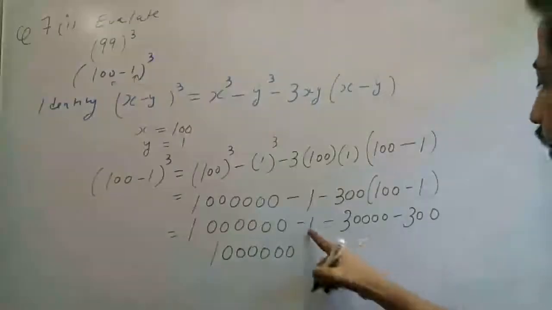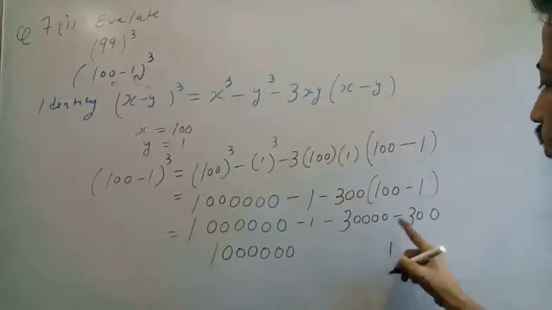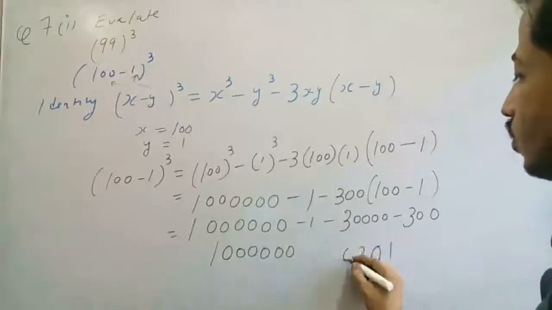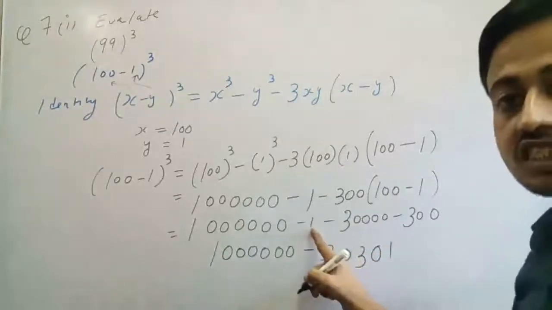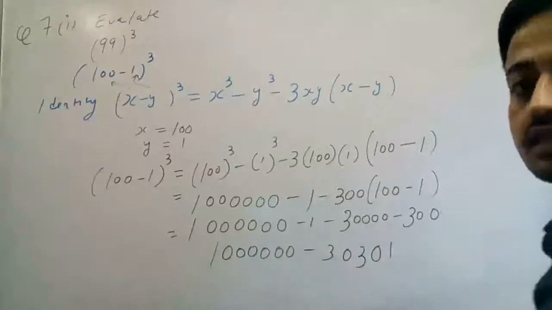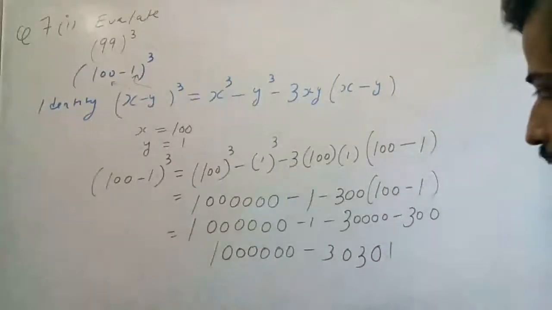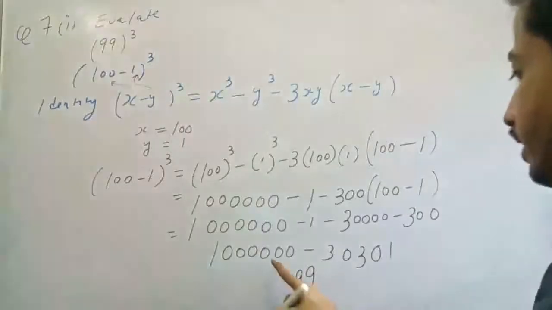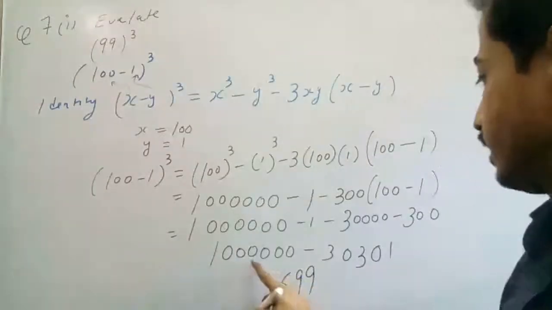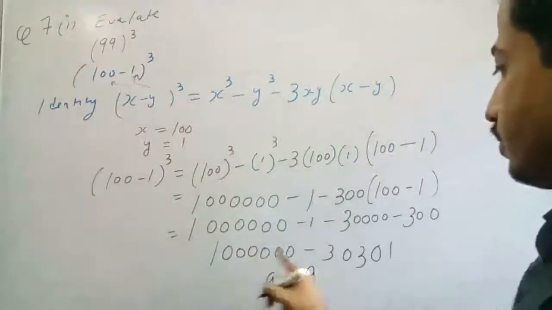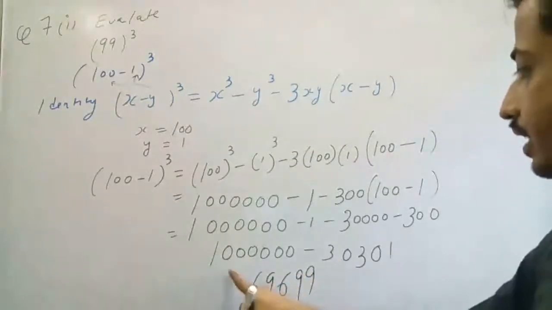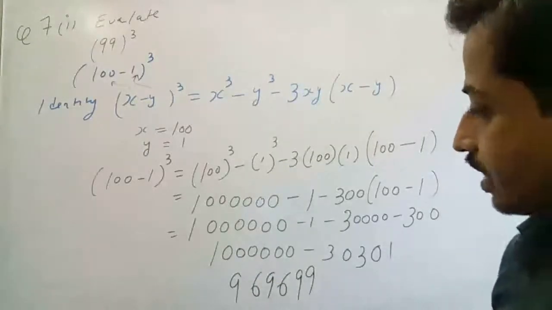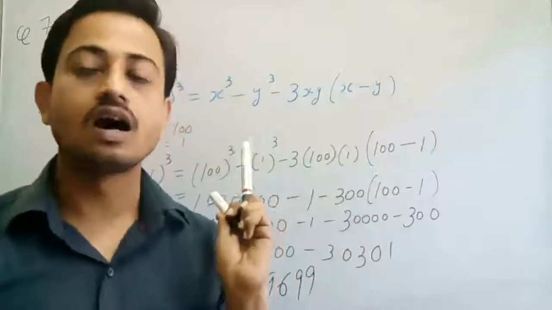Adding 1, 30,000 and 300, then subtracting: 10 minus 1 we get 9, 9 minus 0, 9, 9 minus 3, 6, and so on. So we get 969,699. Please check the answer of this question.